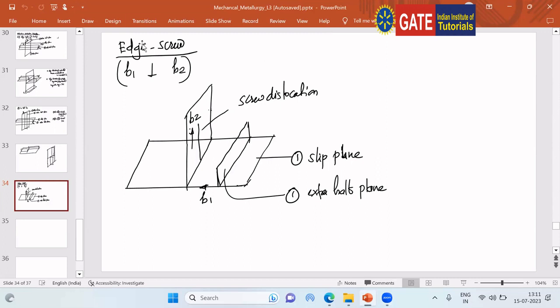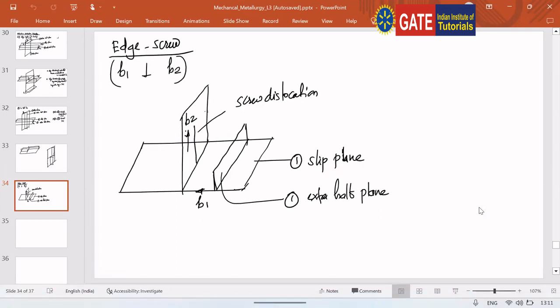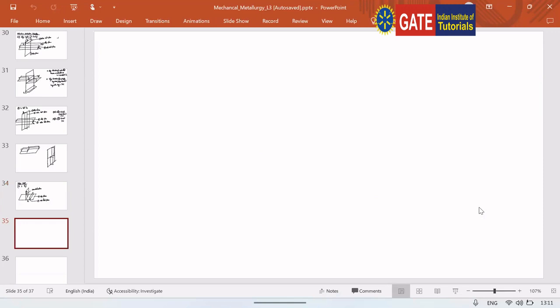So here, what I was explaining is when we have screw and edge dislocation, the edge dislocation with Burgers vector B1 undergoes jog, whereas the screw dislocation with the Burgers vector B2 undergoes a kink. Let me show you how it looks. Jog is happening on the edge dislocation.